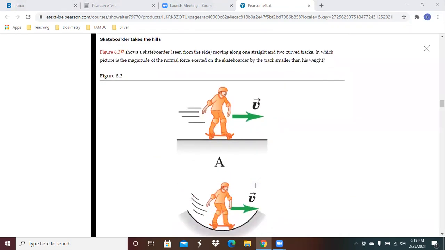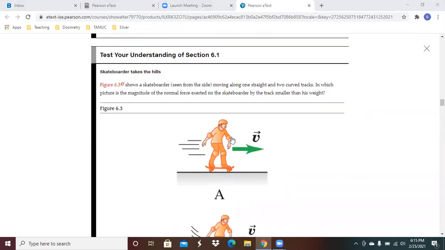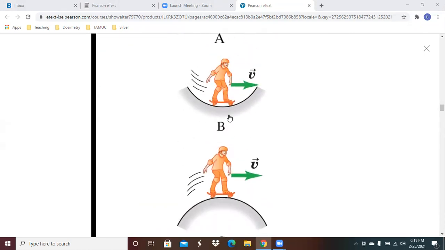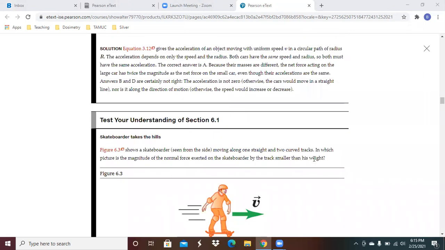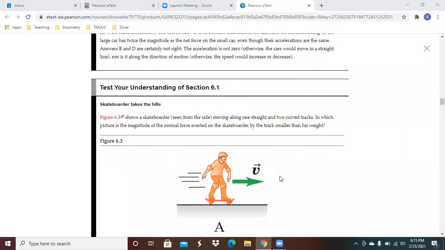So now let's take a look at this figure. Figure 6.3 shows a skateboarder moving along in one direction, on one straight track and two curved tracks like this. In which picture is the magnitude of the normal force exerted on the skateboarder by the track smaller than his weight?